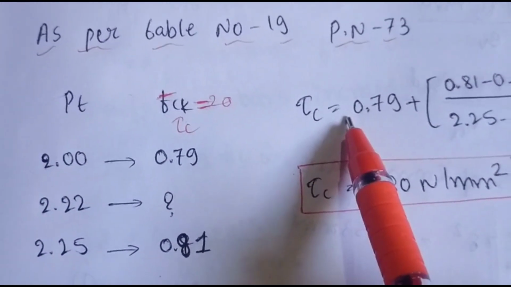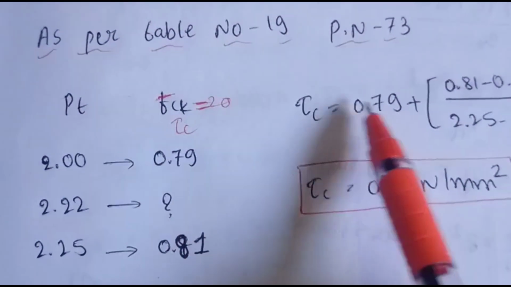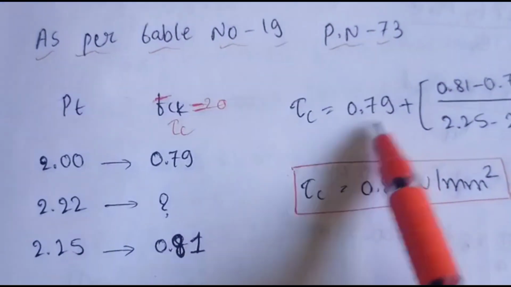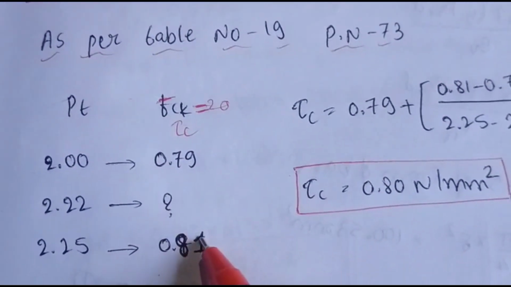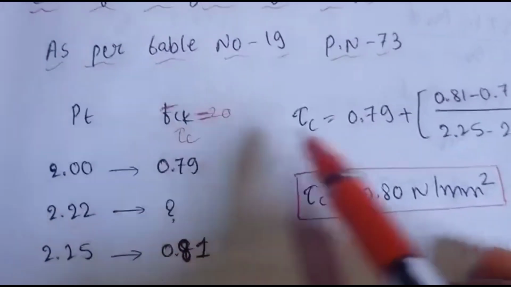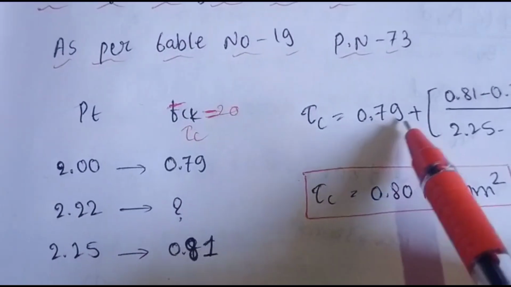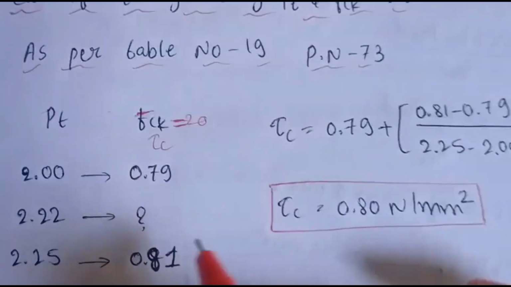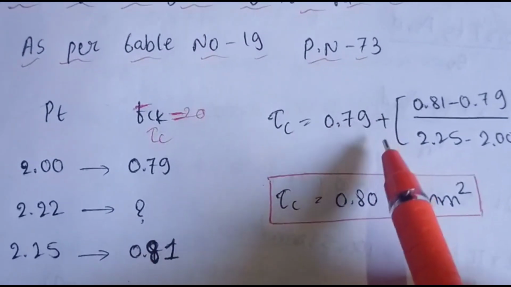So the interpolation method for tau C: we will take the least value, that is 0.79. Why we take the least value is because this value goes on increasing, so I am adding to it.